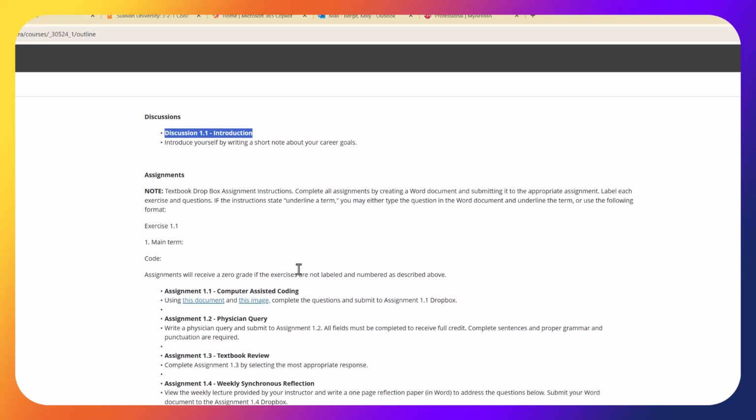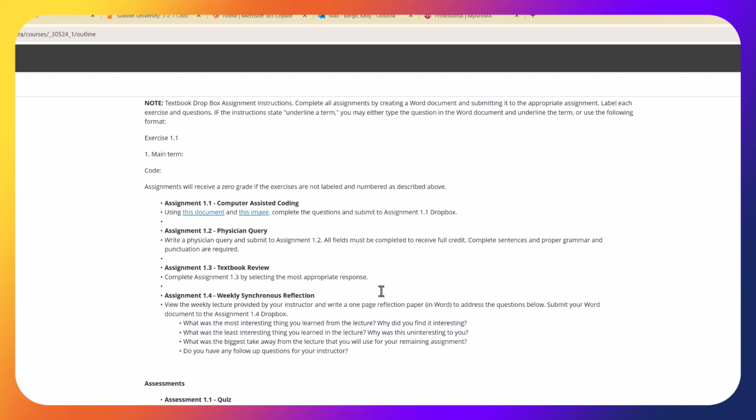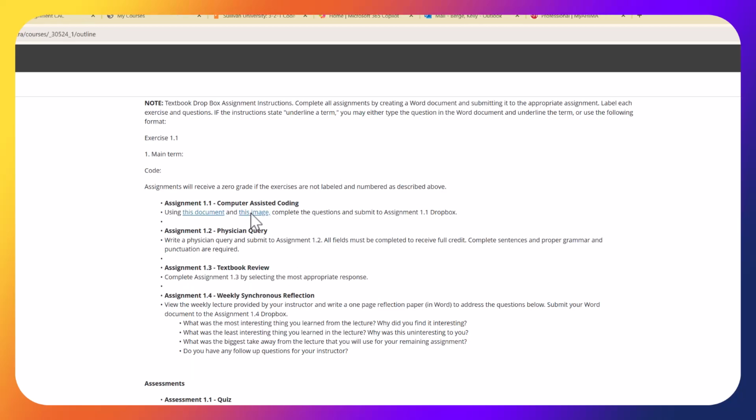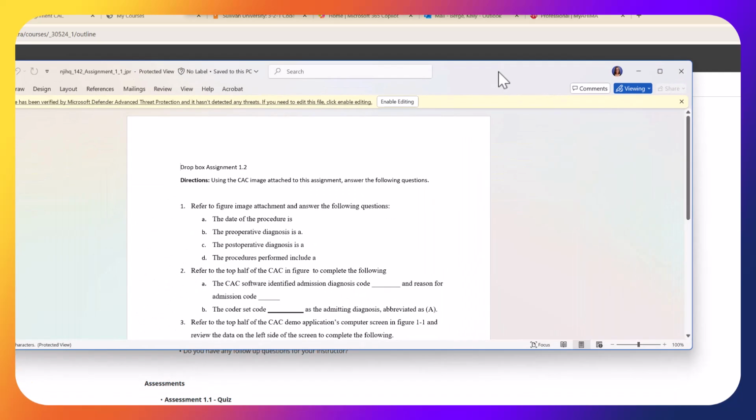Then you will have assignments. So, your first assignment, you're going to use this document and this image, and you're going to complete questions based on the image. It's quite simple. Here is the image, and here is the document that you're going to complete.